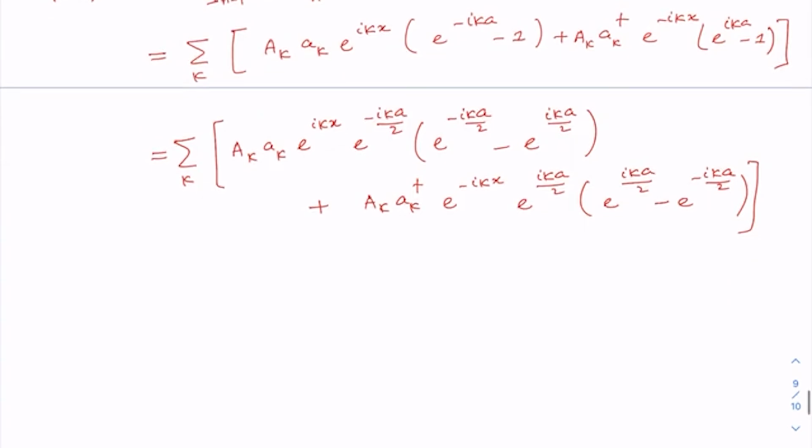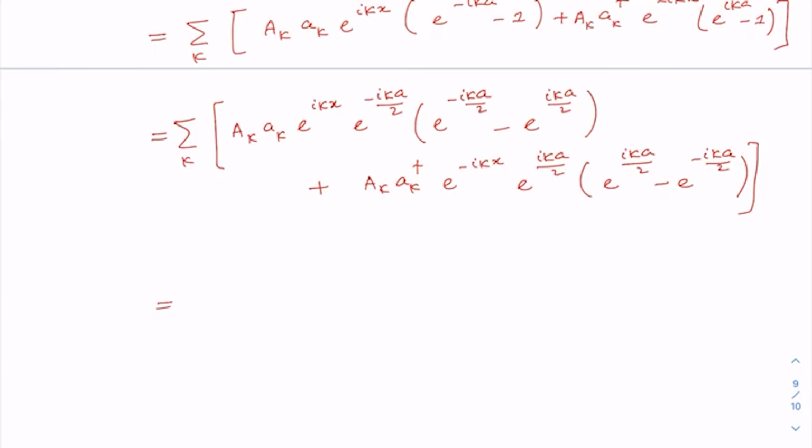Okay, and you know e to the power I theta minus e to the power minus I theta is equal to twice I sine theta. So we can use this identity and put it in the expression. Let me write the final expression.